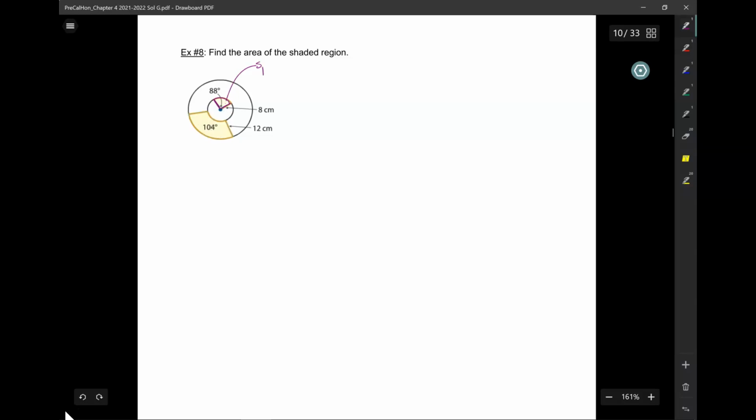First, there are two angles. Let's first convert those to radians. So theta 1 is 88 degrees times pi over 180, that's 22 pi over 45. Theta 2 is 104 degrees times pi over 180, that's 26 pi over 45.